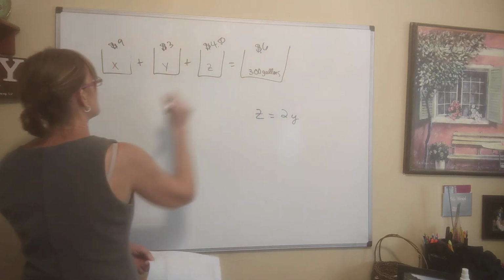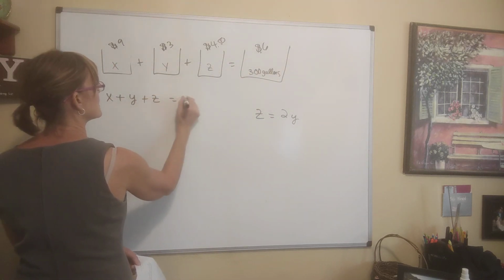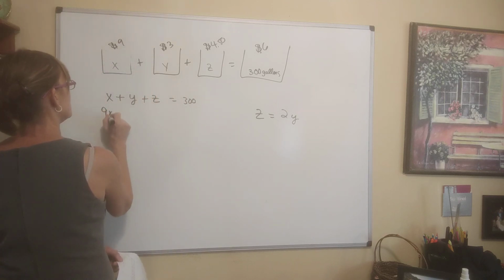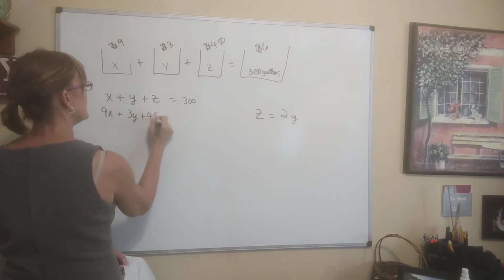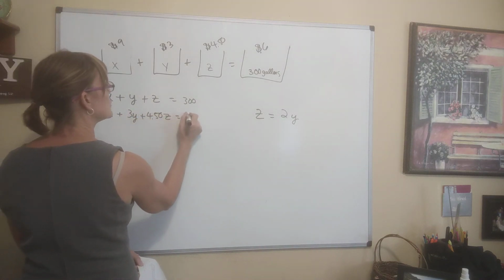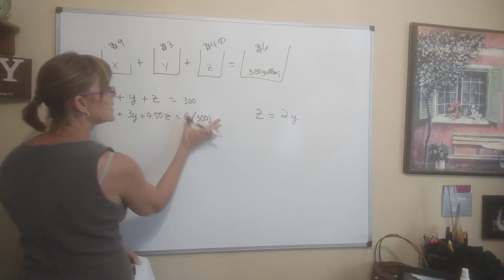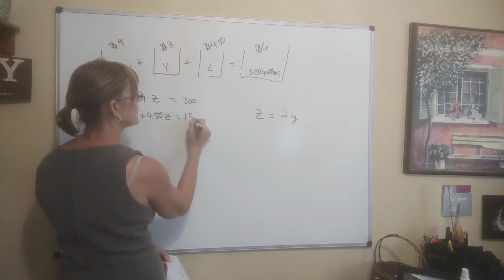One equation comes from the amounts. X plus Y plus Z is 300. The second one is price times amount, 9, 3, 4.50 is equal to price times amount. And 6 times 300 is 1,800. So I'm going to go ahead and calculate that, 1,800.